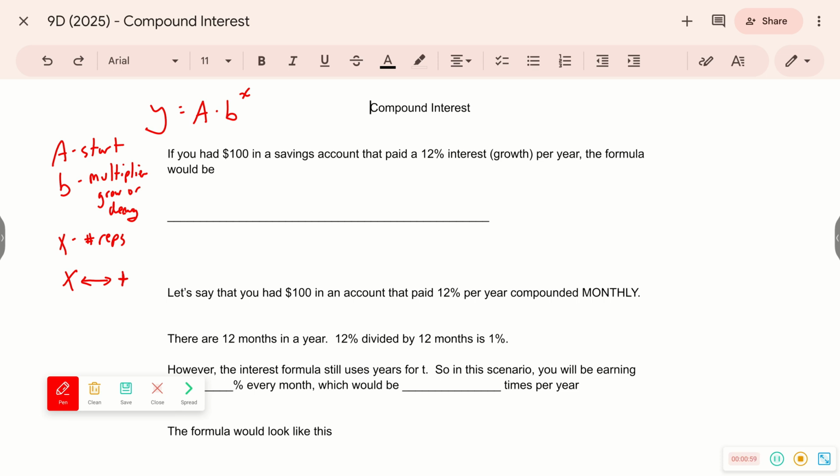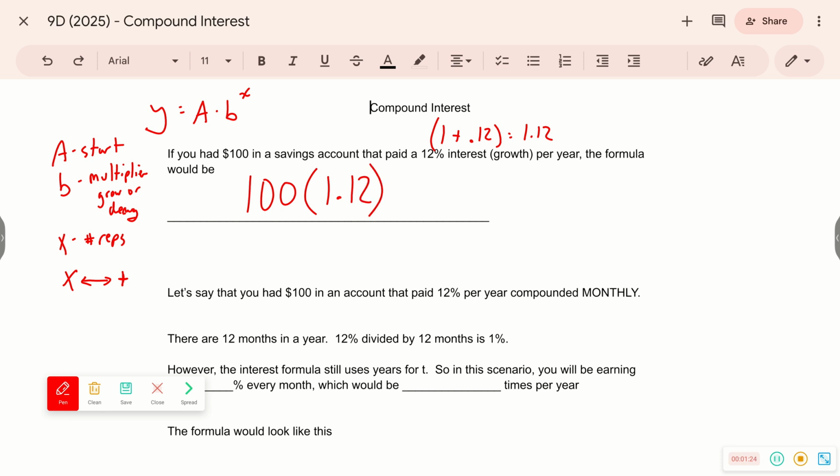So if we had an exponential function like this, you put $100 in a savings account that paid 12% per year, the formula would be, well, we start with our a value of 100. We grow by 12% per year. So again, 12% growth, so we're going to add 1 plus 0.12, which is equal to 1.12.